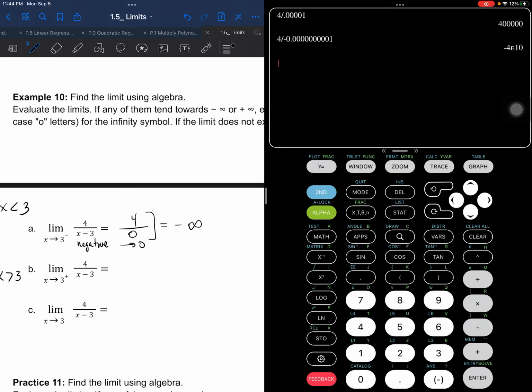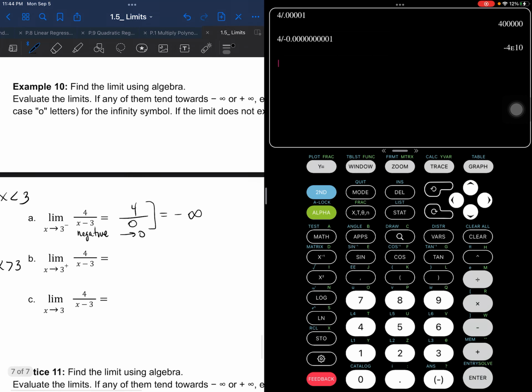And then we'll do the same thing over here, but because x is coming from the right side of 3, that's greater than 3. So x minus 3 is going to be a positive number. If you imagine yourself having 4 minus 3, that's going to be a positive 1.